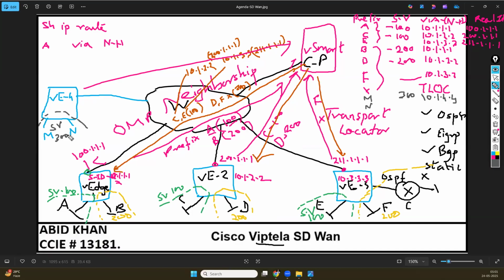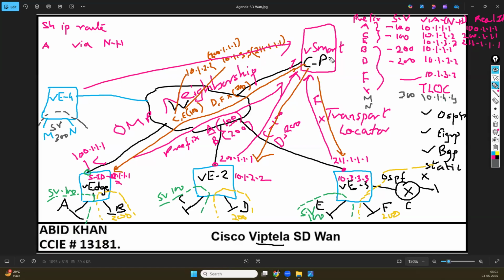It has not sent me any information about whether it has service VPN 100 or service VPN 200. No, I don't have that information. So vSmart now will not advertise any routes back to VH4.